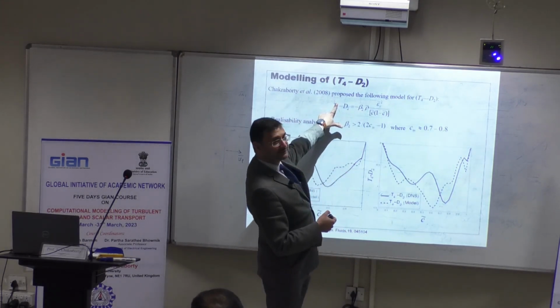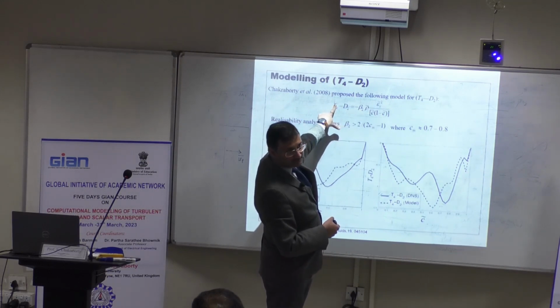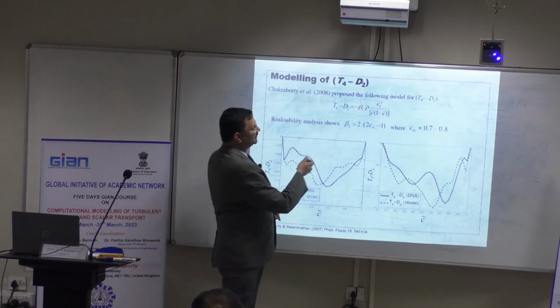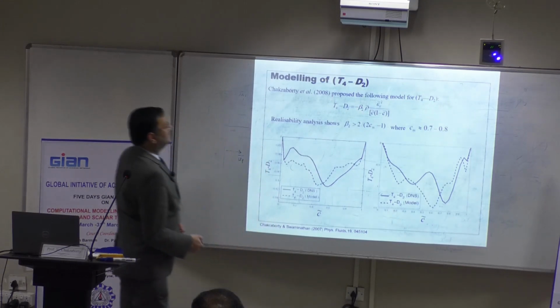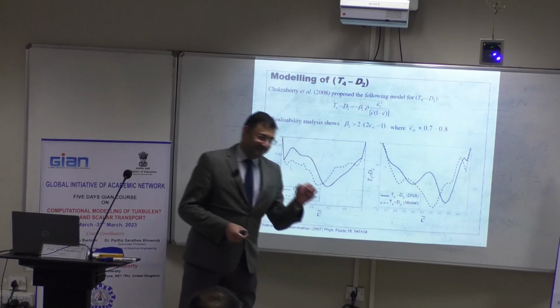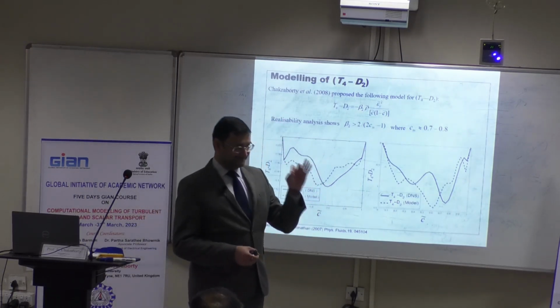Under non-reacting condition, T4 is the reaction contribution that will be zero. So that's why the model is given in such a form that it has a negative sign in front of it. One can do a realizability analysis. Realizability analysis in this context means scalar dissipation rate cannot be negative.